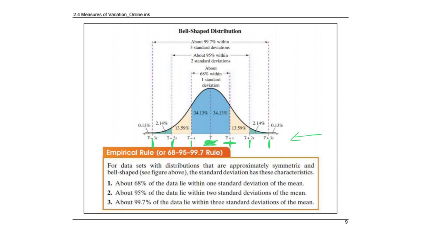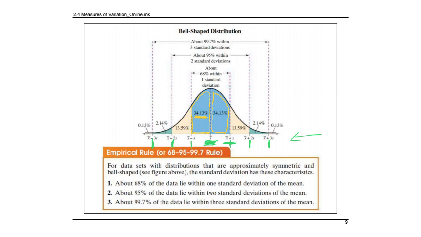So if I looked at just the area right here, all of this right here, that would be 34% of the whole area under the curve. If I look at this piece over here, that's also 34%. Okay, those are big chunks of data. So there's lots of data near the mean when we have a bell-shaped distribution, or what we call a normal distribution.